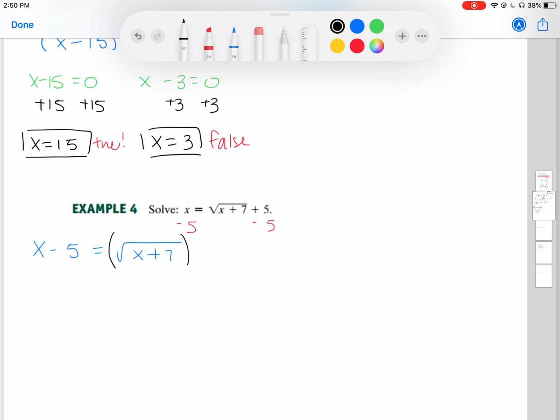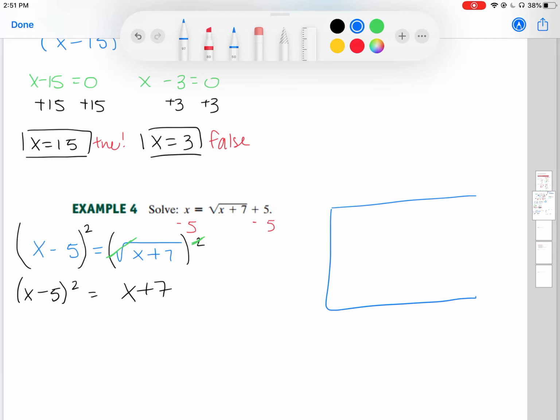So we have x minus 5 is equal to the square root of x plus 7. Now we can go ahead and square both sides. And again, the whole purpose of doing this is so I can make that square and that square root undo each other. So that we're left with x minus 5 squared is equal to x plus 7. All right, let's expand that binomial square. Now again, I'll show your work on the side. So we have x minus 5 squared, which means x minus 5 times x minus 5.